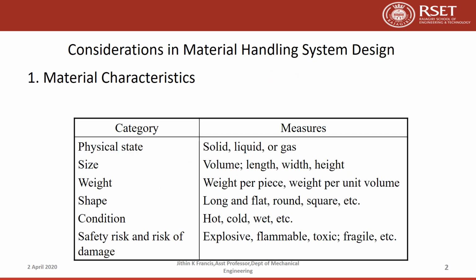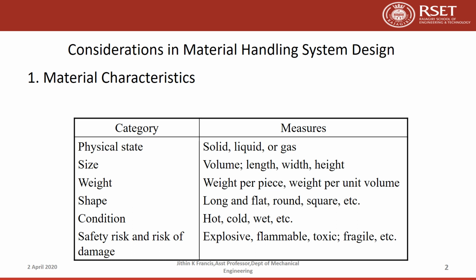Consideration in material handling system design. While designing a material handling system, the first category we have to consider is the material characteristic. Now, under material characteristic, we have different categories. The first one is physical state, whether it is solid, liquid or gas. Then size, what volume, length, width, height.